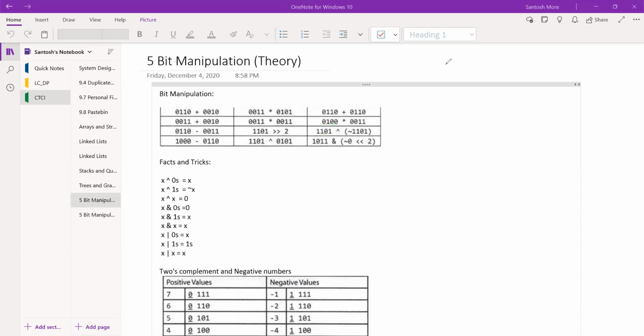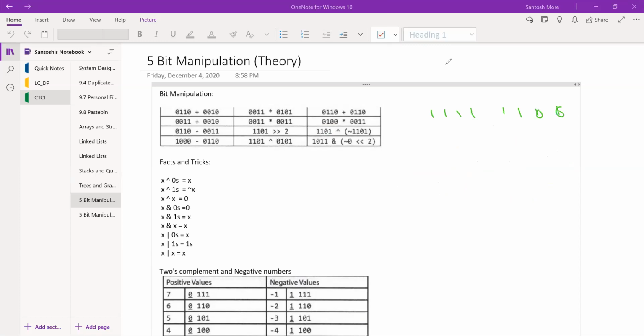The second one talks about negating 0. If it is an 8-bit number, it will be all 1s. Then if we shift this by 2, we are making these two bits zeros.